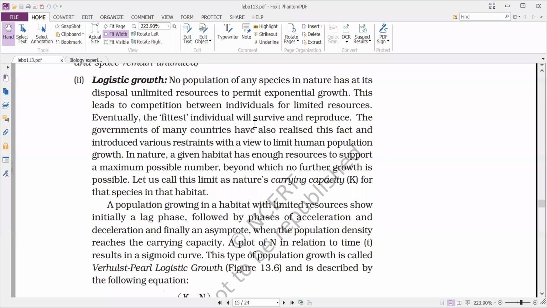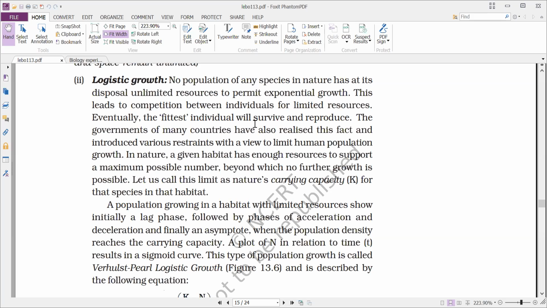For example, those people who are having a small family will be given some additional benefits, so that they can restrain the growth of population.